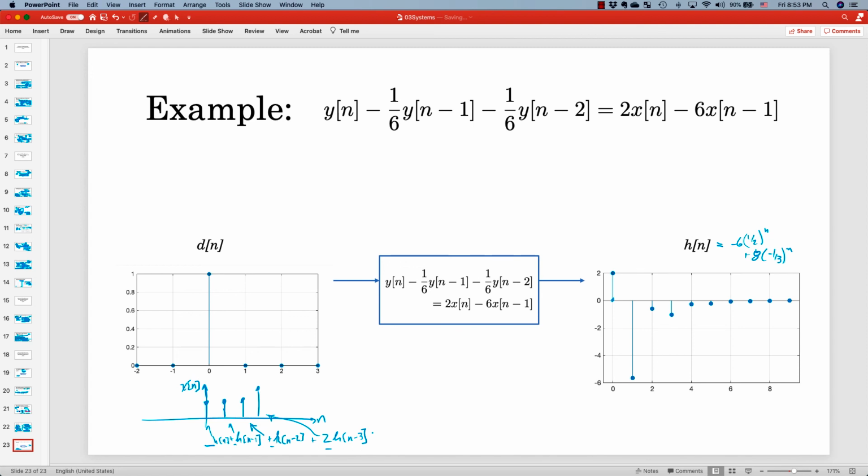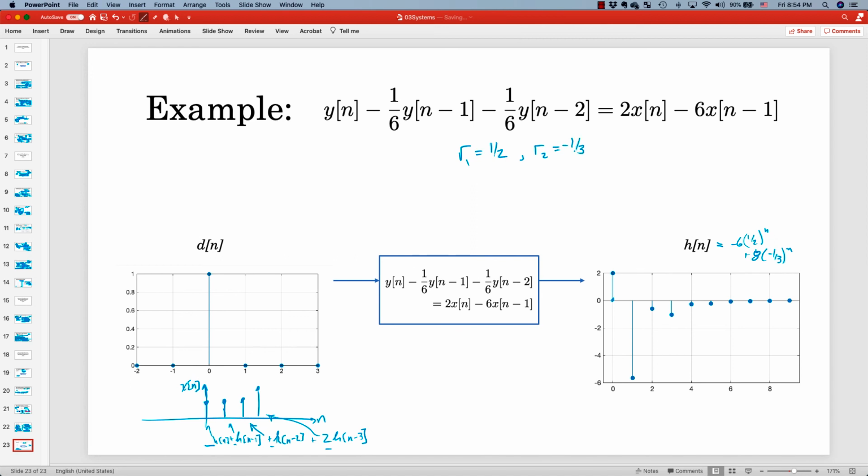The other important thing to recognize here is that the presence of a positive characteristic root didn't make the impulse response blow up. Remember, R1 was 1/2 and R2 was negative 1/3.